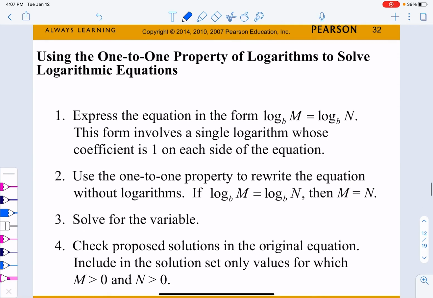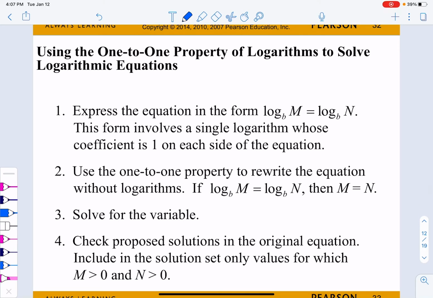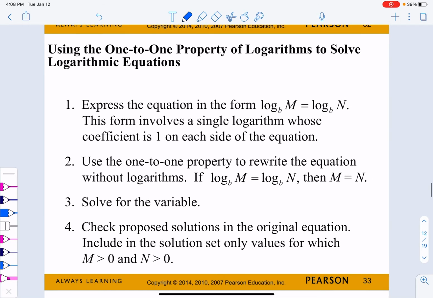So using the one-to-one property of logarithms to solve logarithmic equations, it says, express the equation in the form log b of m is equal to log b of n. This form involves a single logarithm whose coefficient is 1 on each side of the equation. Use the one-to-one property to rewrite the equation without logarithms. So it says if log b of m is equal to log b of n, then m is going to equal n.